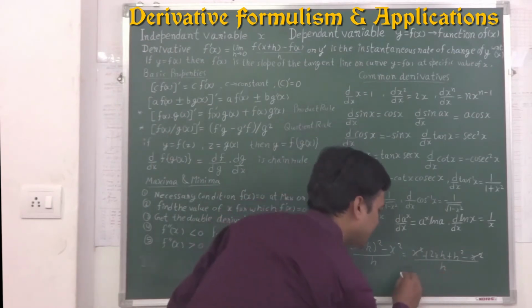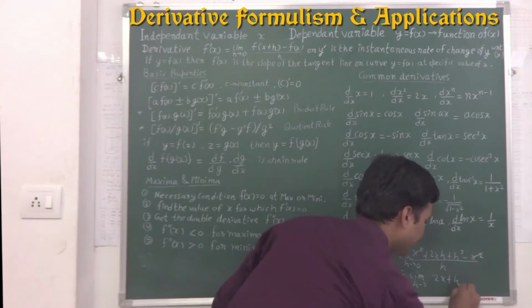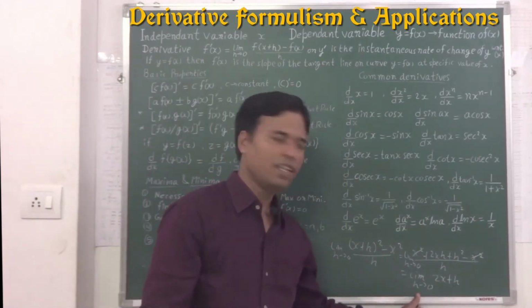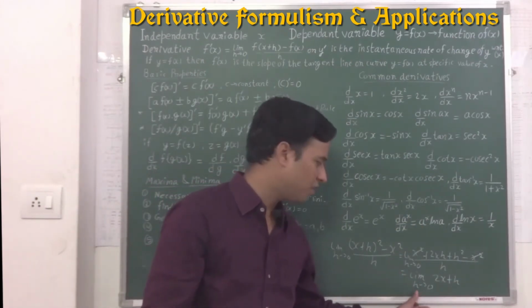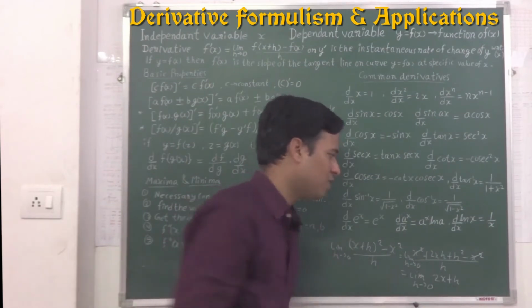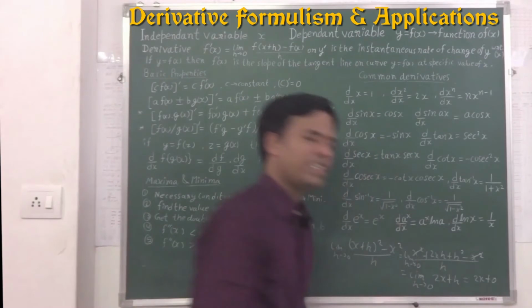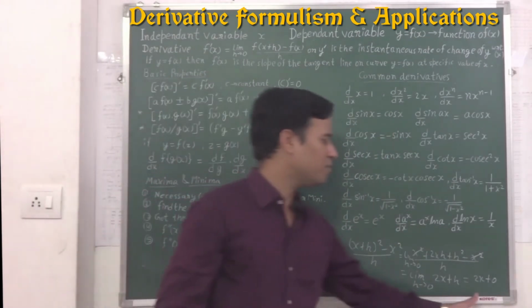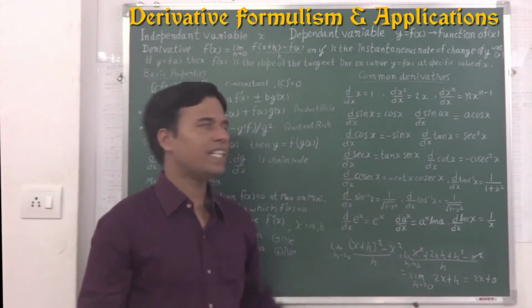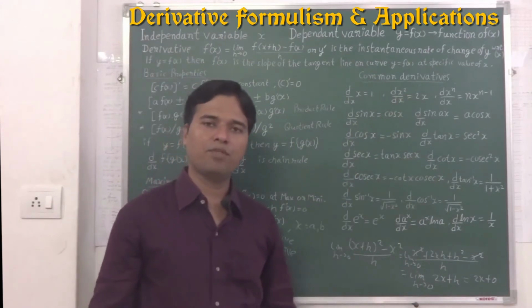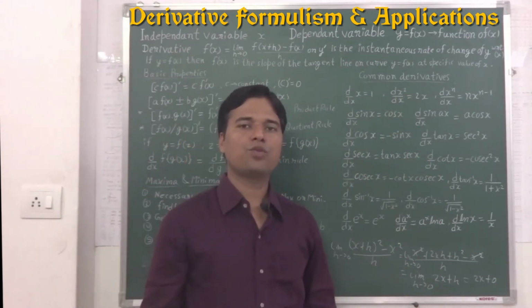Now simplify this equation and we get 2x plus h. After applying the limit h tends to 0, put h equal to 0. We get 2x plus 0, which is nothing but 2x. We get d of x square upon dx is equal to 2x.